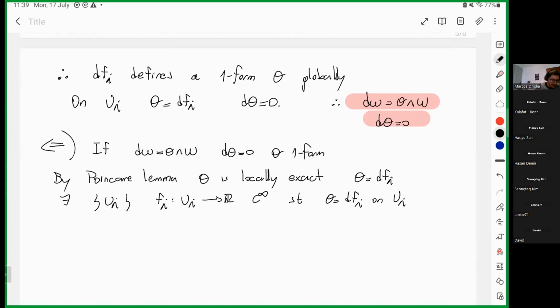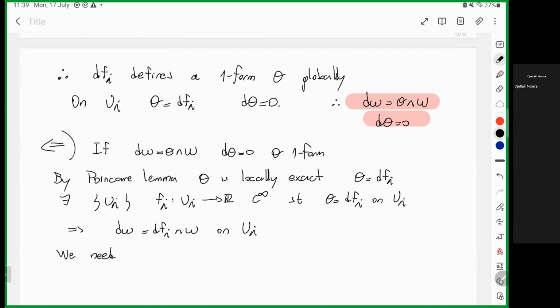So what we have so far is this, right? So dω was θ wedge ω. So on each Ui, this is just dφi wedge ω on Ui, and we need to show, so what's the condition in the definition?